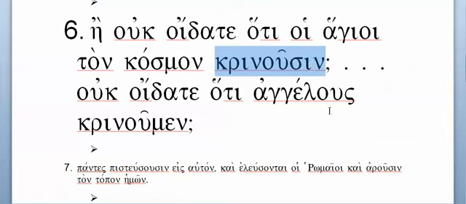We're going to look at that verb, and then what we see is krinousin. So we look at that and we go, okay, krino is "I judge," and you might be tempted to go, "or do y'all not know that the saints judge the world or are judging the world?" That might be your temptation.